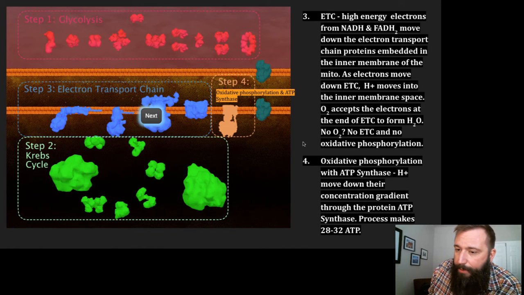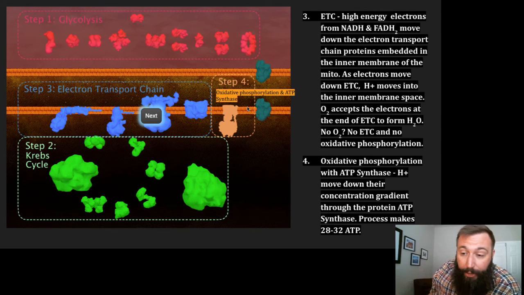And so what happens then, if we've increased the amount of H plus ions in this inner membrane space, that H plus isn't able to pass from an area of high concentration to an area of low concentration. It just can't pass through this region. This cellular membrane does not like positive ions. It doesn't like charged particles.